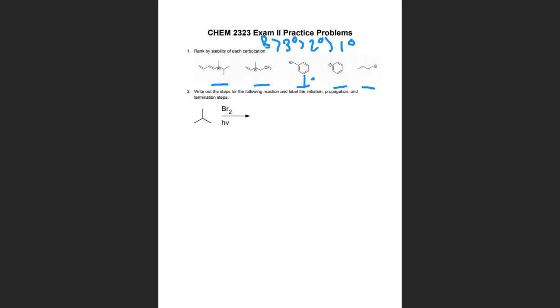Since we have a positive charge, we could say that is electron deficient. So what do you think is going to happen if I pull away electrons from something that's already electron deficient? It's going to make it, exactly, Matthew, more unstable. So for this reason, I would say this is 2 and this is 3.